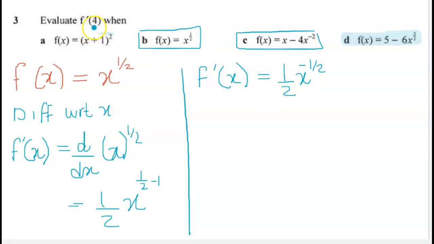Now they say when it is 4, so I need to put 4 there, which means x is 4. So wherever there is an x, I'm putting a value 4.